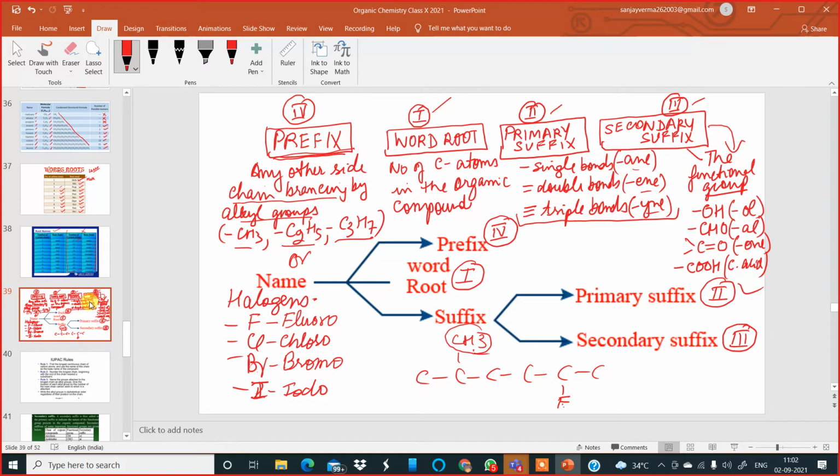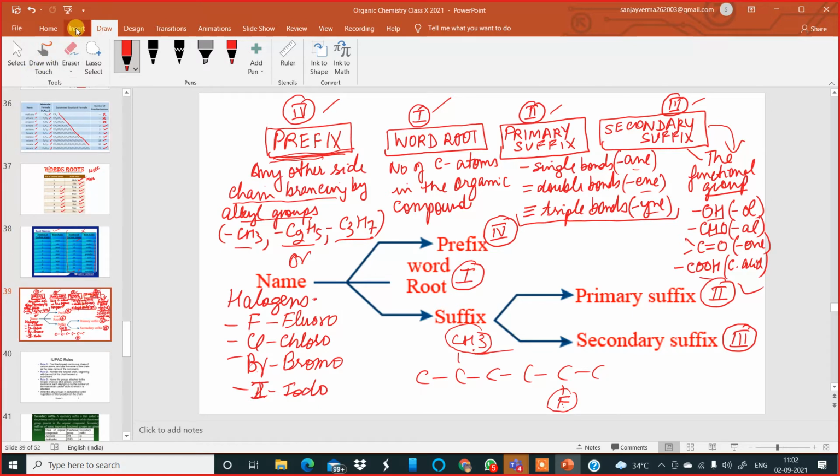By looking at which functional group is there, whether it is an alcohol or an aldehyde or a ketone or a carboxylic acid, and write accordingly. After that, only come to the prefix and see if there is any branching on the carbon-carbon chain by an alkyl group or halogens, and that will be named under the prefix. Okay, now to make you understand this more properly, I will do one example.